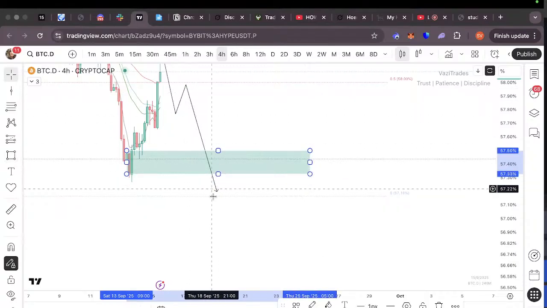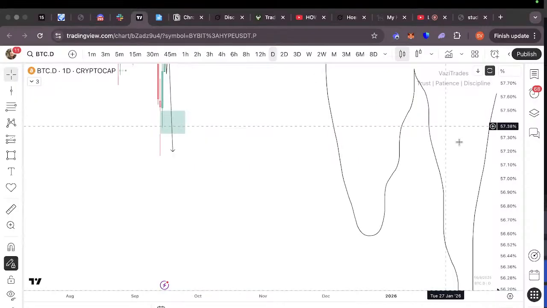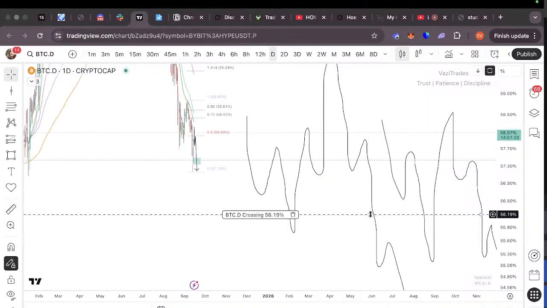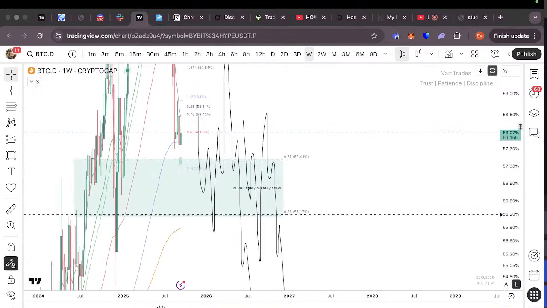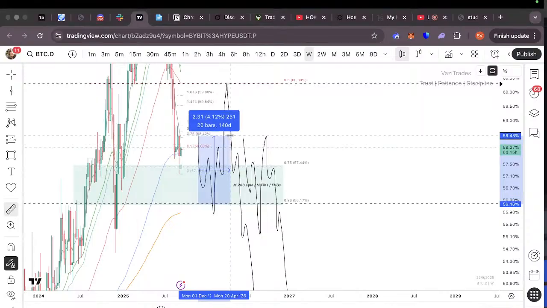So give us a drop below and we can expect more downtrend on Bitcoin dominance, which is next stop around 56.2, which aligns with the 0.86 Fibonacci, and which also aligns with the 200 EMA on the weekly time frame, and this will be the next very strong support level from where Bitcoin dominance can bounce like another 3-4%.